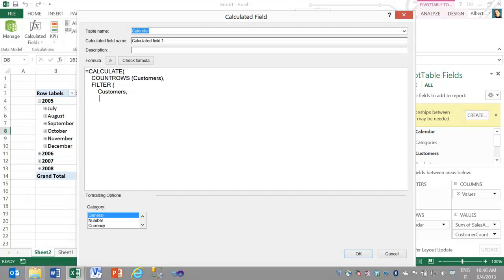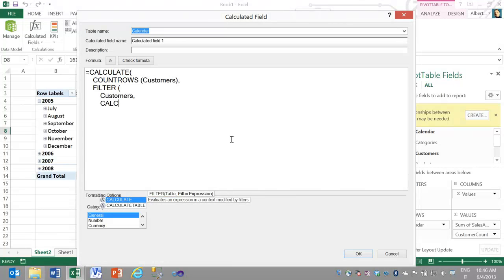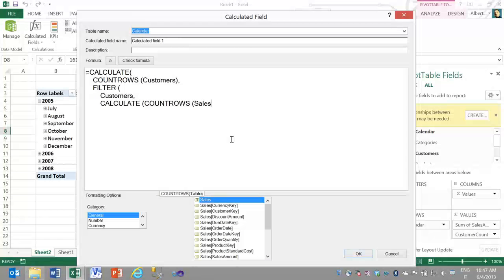And we want to see, out of the complete customer table, only the ones who bought something in the current period. In order to translate bought something in the current period in DAX, we need to check if there are rows in the sales table for the current period and for the current customers. If there is a sale, then it means the customer bought something. So this translates into DAX into another calculate, which is count rows of sales.